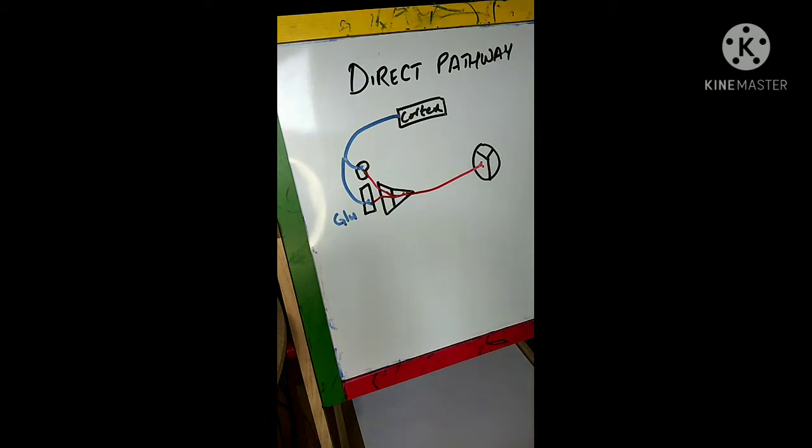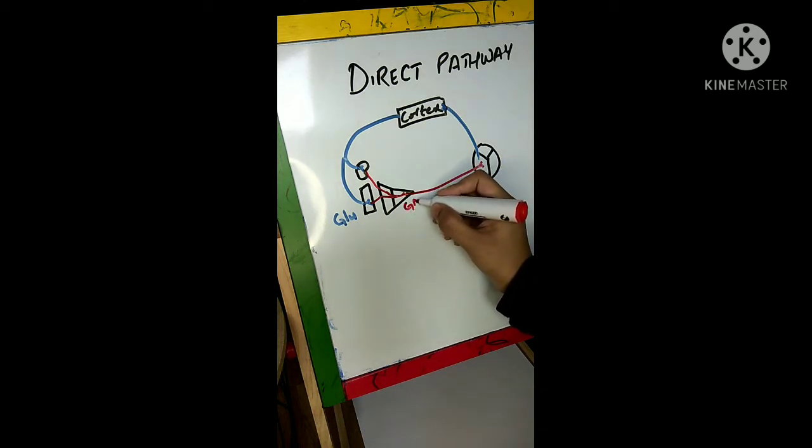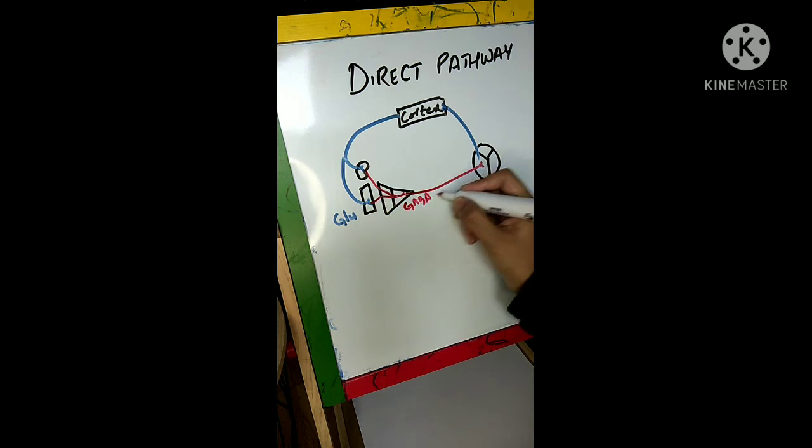GABA is an inhibitory neurotransmitter. Next, the signal goes to the thalamus. Here we also have release of GABA, which is an inhibitory neurotransmitter, and eventually this pathway ends at the cortex again.